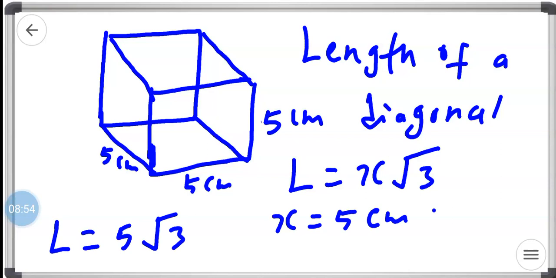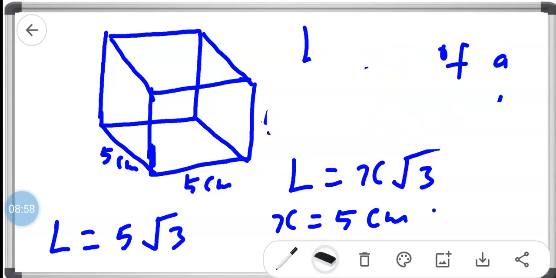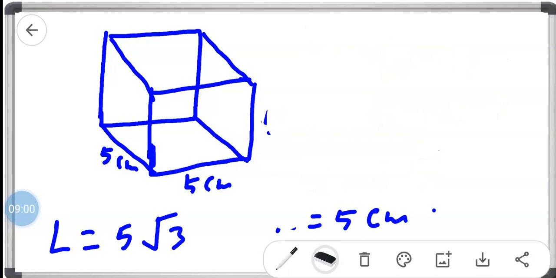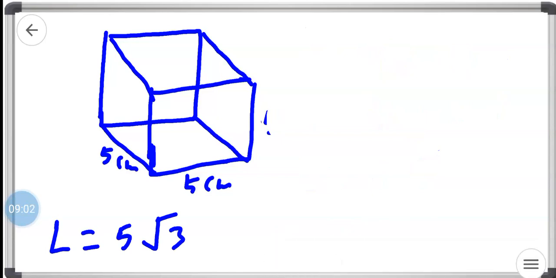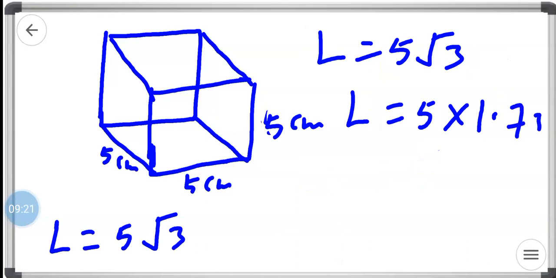Here is 5 centimeter, don't forget. So my length equals 5 root 3. 5 multiplied by root 3, where root 3 is 1.7321.